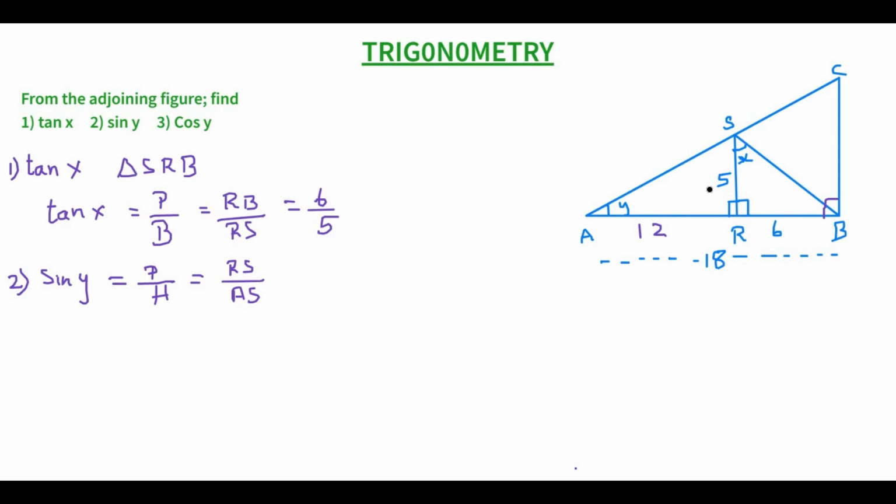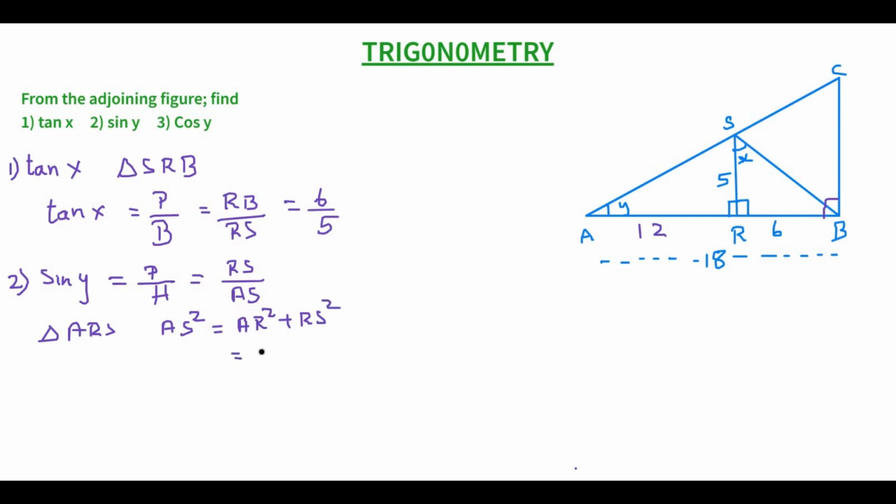Which formula would you be applying for this? Any guesses? Right, we are going to apply the Pythagoras theorem. So in triangle ARS, as you could see, it's right angled at R, so which is the hypotenuse side? AS. So we can write the formula as AS square equals AR square plus RS square.